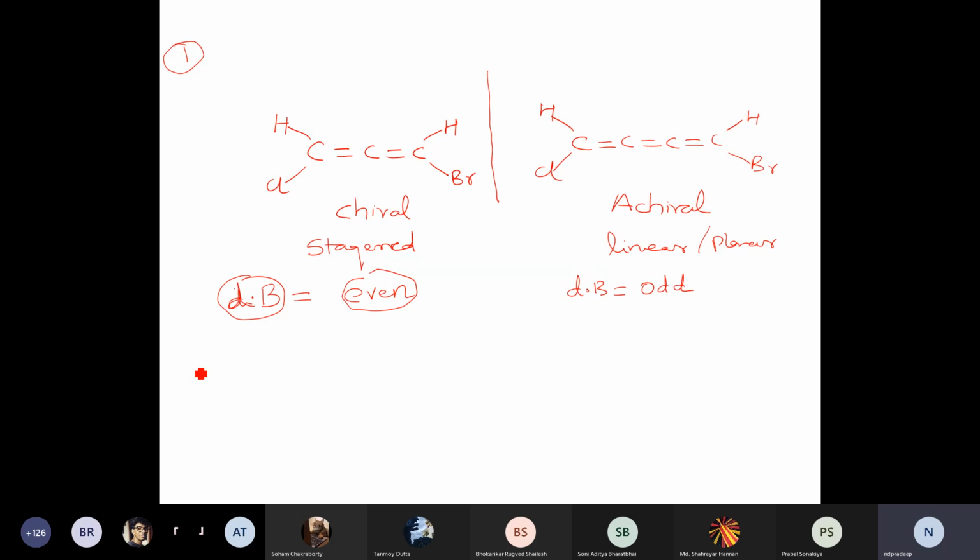The second thing we will formulate. I get an allene now like this. Or I can make this a bromine, with hydrogen and chlorine.